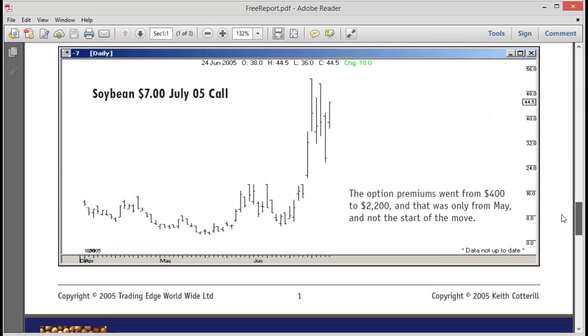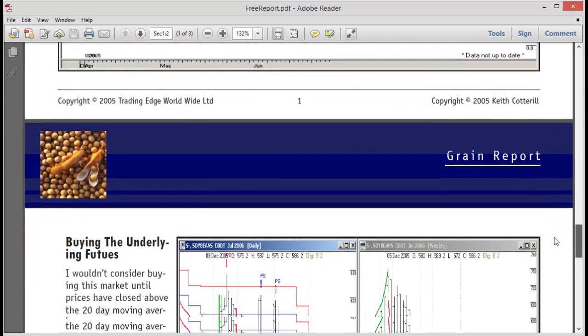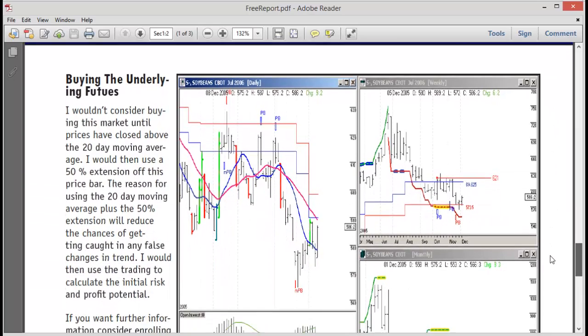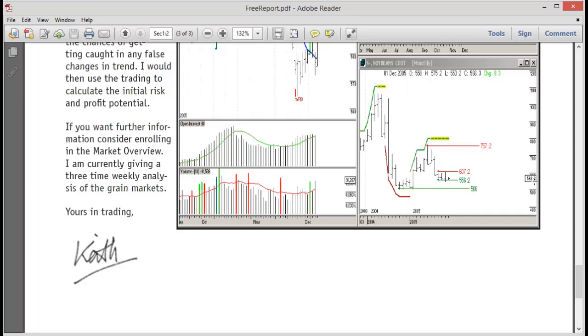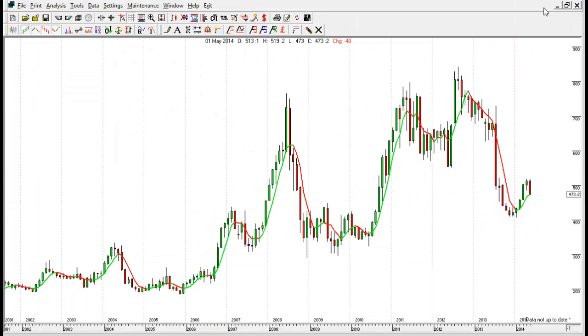It was the same with the soybeans. Like I say, this was just a report I did with regards to the grain markets back in 2005, and you can see again the implied volatility gave the clue that we were on to some major moves in these markets, and that's precisely what actually happened there as well.